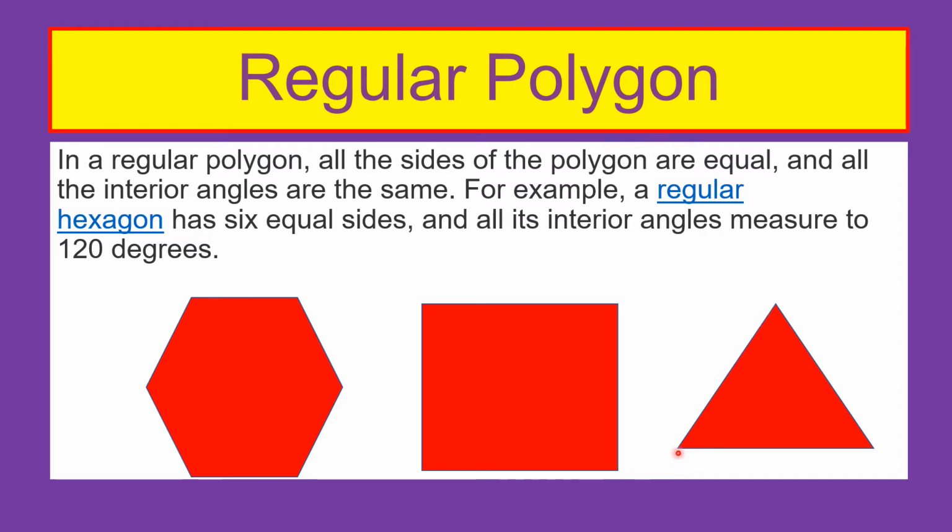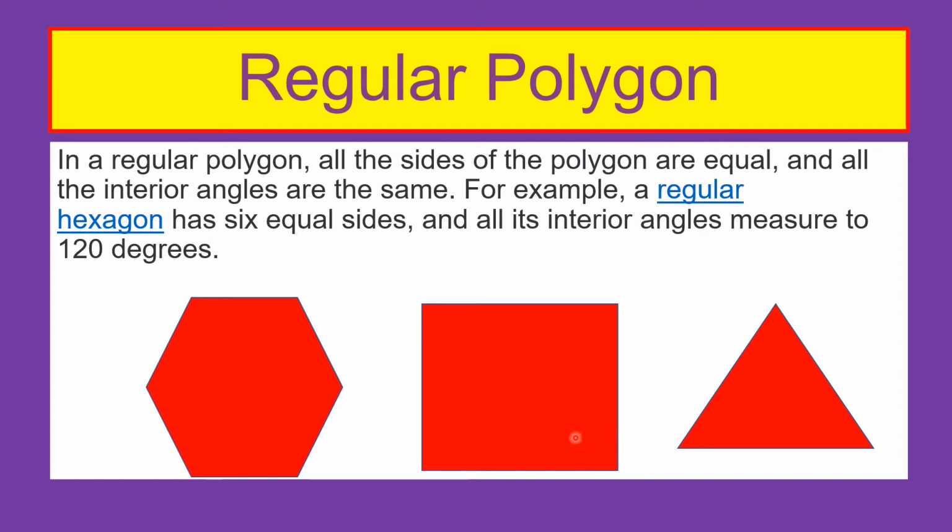All the sides of the given triangle are the same, all the angles are the same. The measure of the interior angle is 60 degrees. So for a regular polygon, it is equiangular and at the same time equilateral.